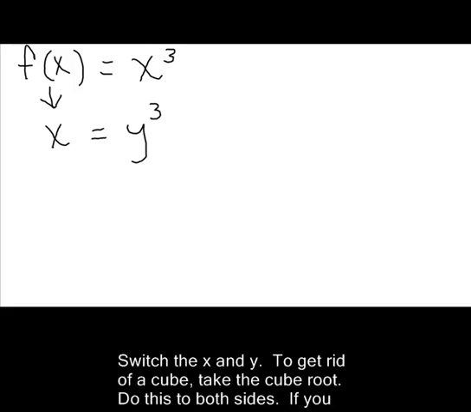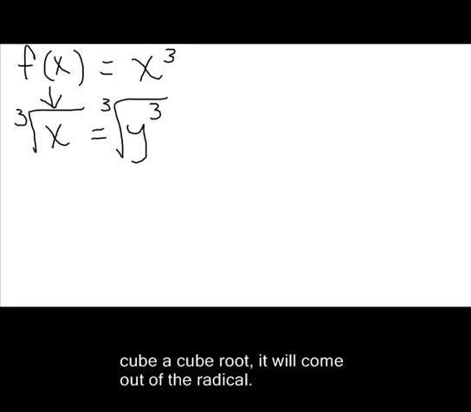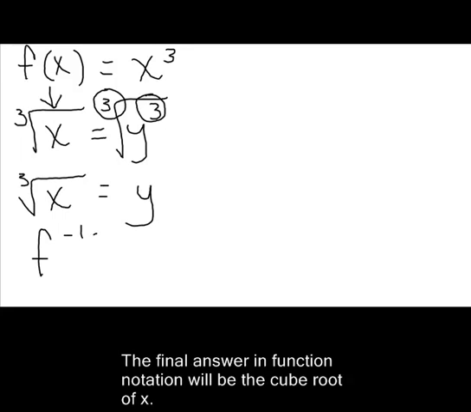One of the things you may have forgotten is that if you have a cube and you're trying to get rid of a cube, you need to take the cube root. And remember, in algebra, if you do something to one side, you must do it to the other side. If you cube a cube root, it will just come out of the radical. So my final answer would be, in function notation, the cube root of x.